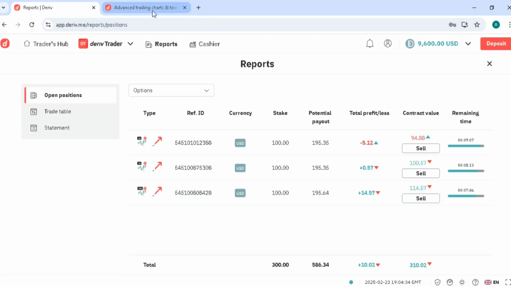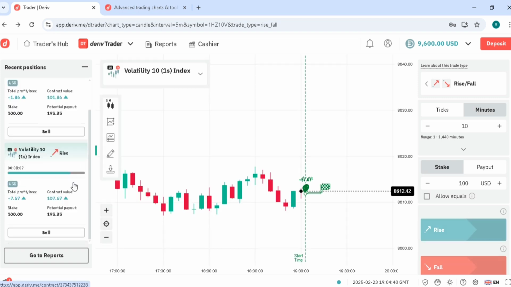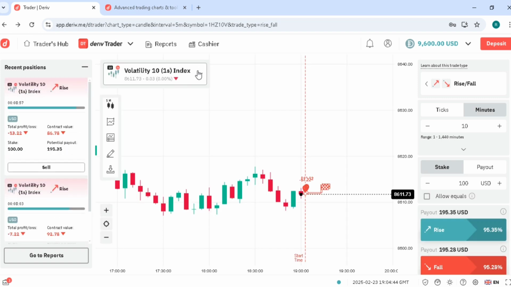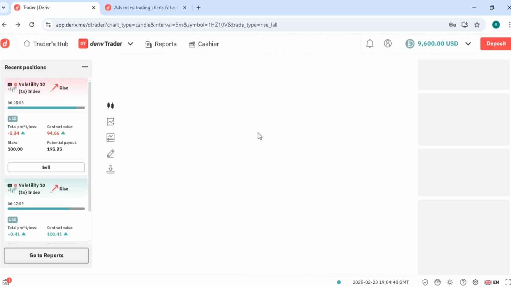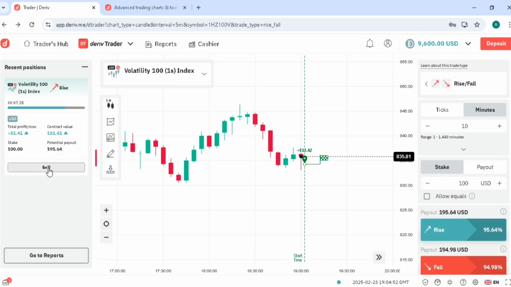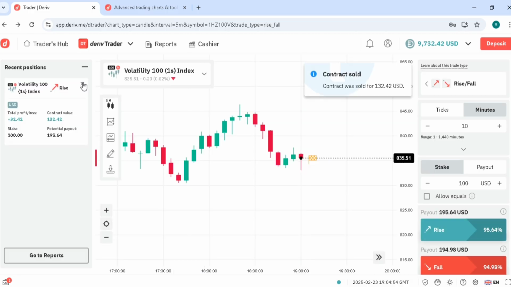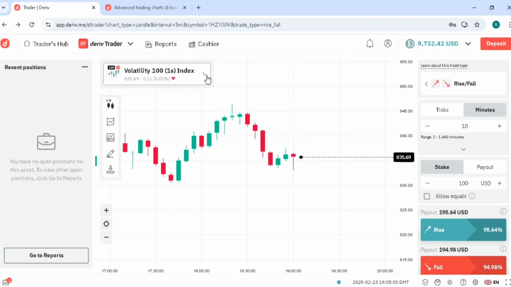Which one was that? Let's see. So these are two. We will close one. There is another one that we had placed at 10 ticks by mistake, so we can cash it out. That's the advantage of using the cash out. In case you make a mistake like that, you can always cash out.